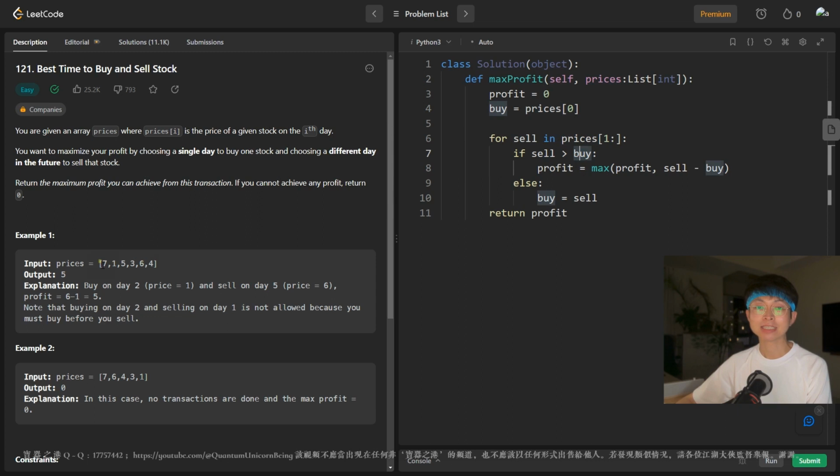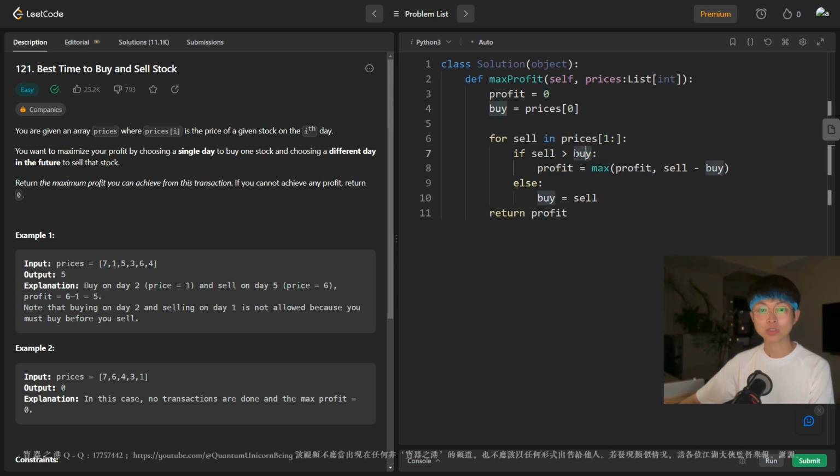It initializes the profit variable to 0 and assumes the buying price, buy, as the first element of the prices array. Then it iterates over the remaining elements of the prices array, considering each element as the potential selling price, sell. For each sell value, it compares it with the current buying price buy.